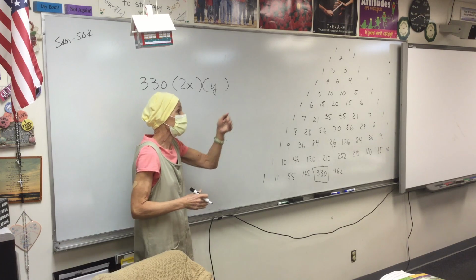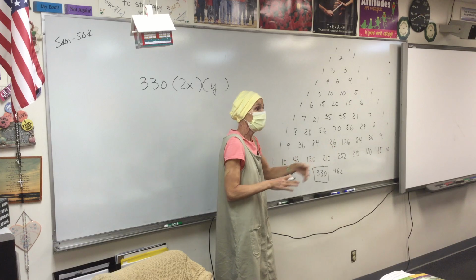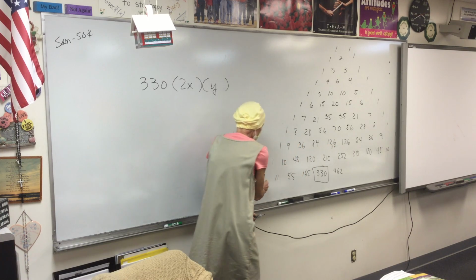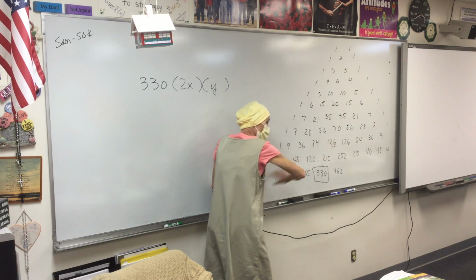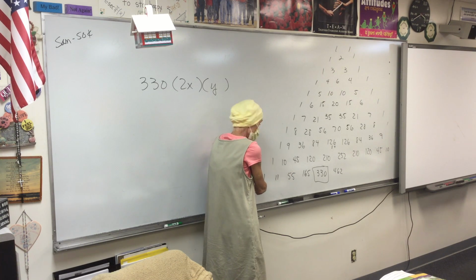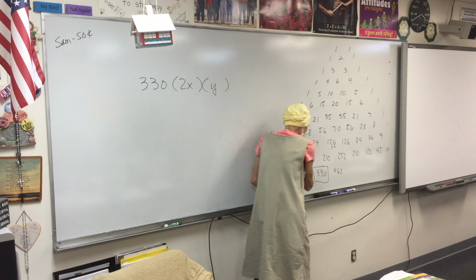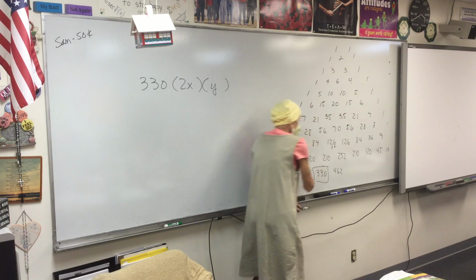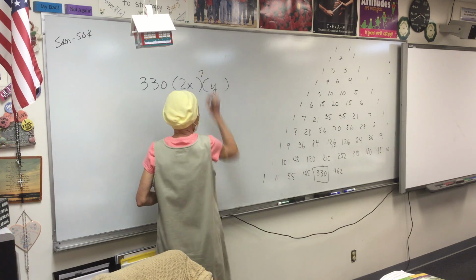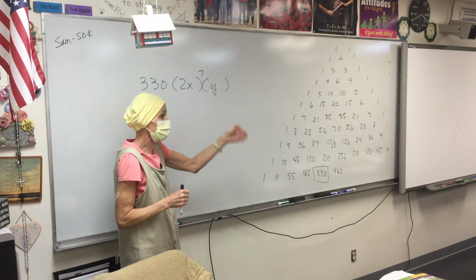And then it would go down to 10, and then down to 9, and so on, right? So let's count: 11, 10, 9, 8, 7. So the power on my 2x is 7. And I got that just by counting down.